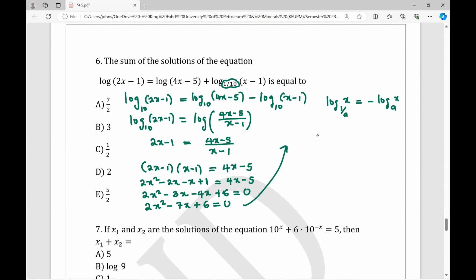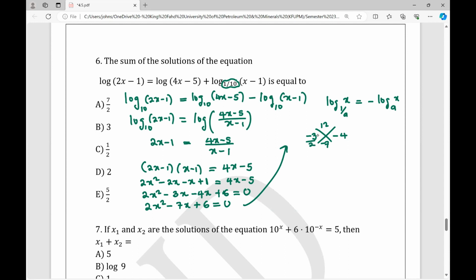To factorize this, we can look for 2 factors that when you multiply give 12, and when you add give minus 7. So this is going to be minus 3 and minus 4, because when we multiply, it gives us 12, and when we add it gives us minus 7.